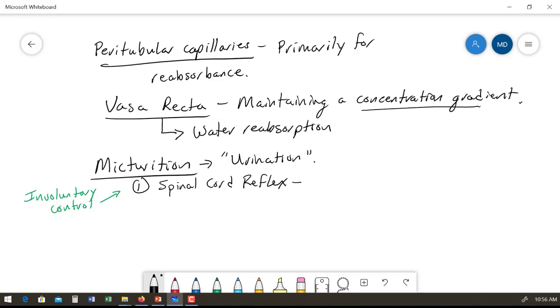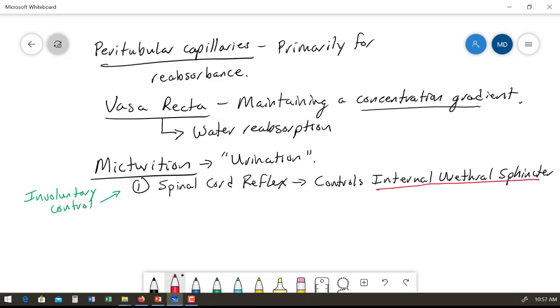This spinal cord reflex controls what's called the urethral sphincter, and it's actually the internal urethral sphincter, so let's make that distinction. The internal urethral sphincter is a muscle that's just under the bladder. So it basically sits around the urethra. I'll draw a picture of this in a moment.